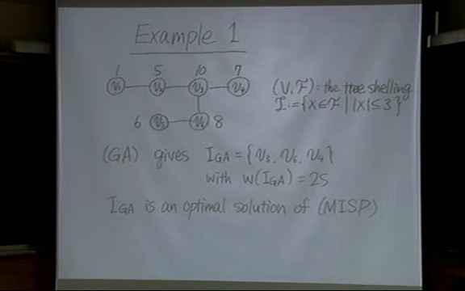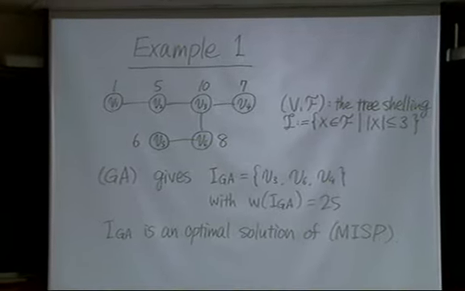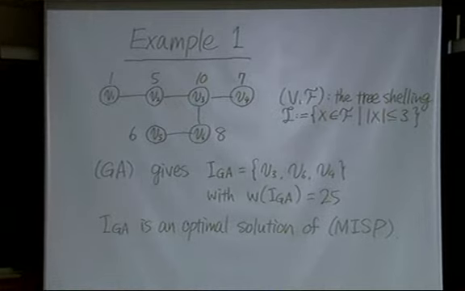Let V be a tree shelling defined on 6 points, and let I be the family of closed sets of cardinality at most 3. So this is a 3-uniform CG matroid on the tree shelling, and let this be the weight on the set E. Then if we use the greedy algorithm, first we take V3, the biggest one.